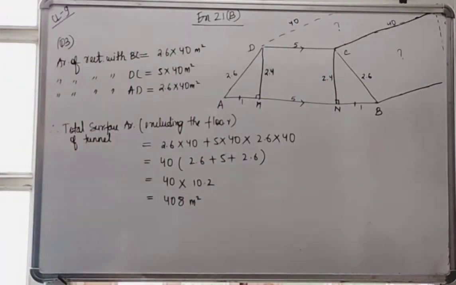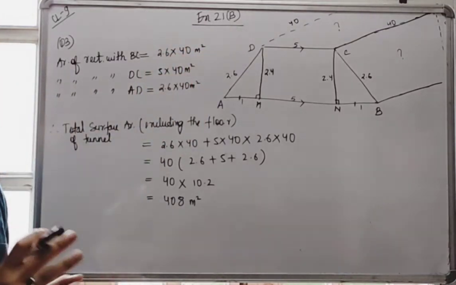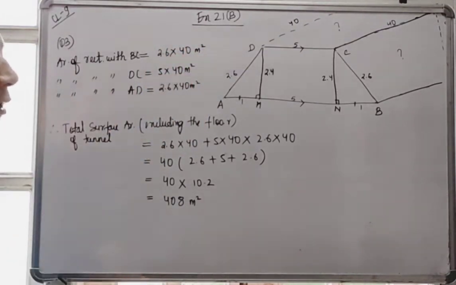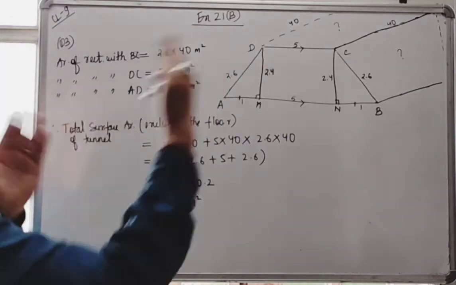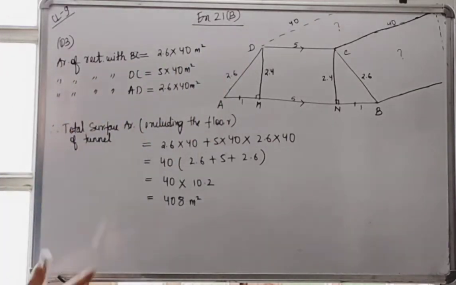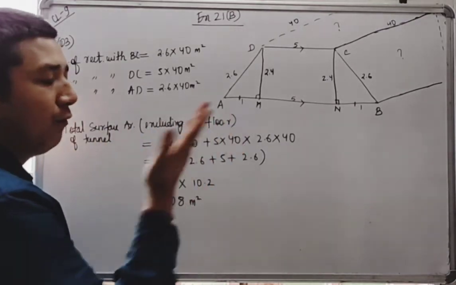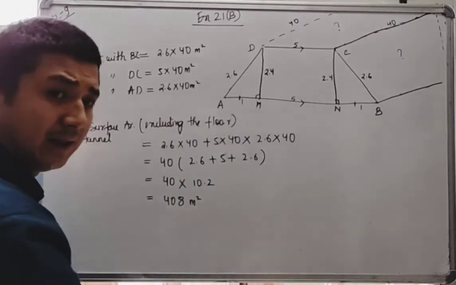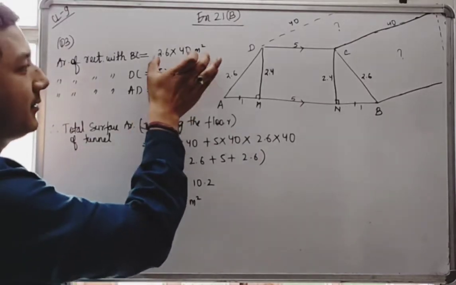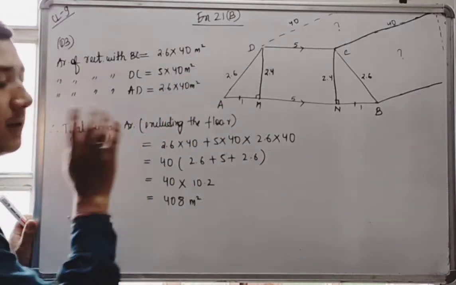Now if I add these three, then I will get the total area of the tunnel excluding the floor. Obviously I don't need the cross sections. So total surface area of the tunnel excluding the floor is how much? If I add this, this and this, then I'll get the total surface area.